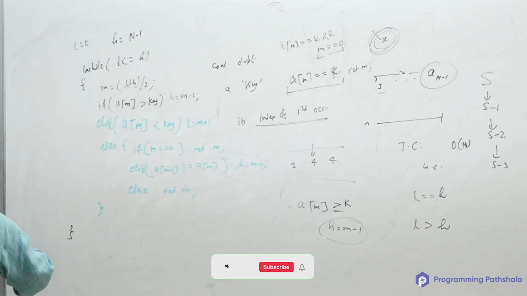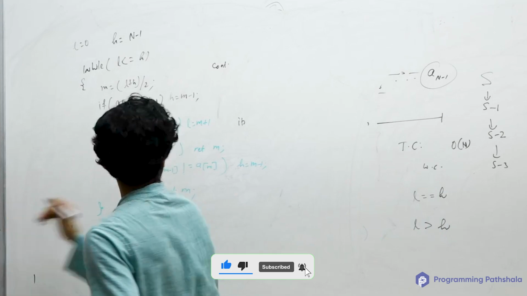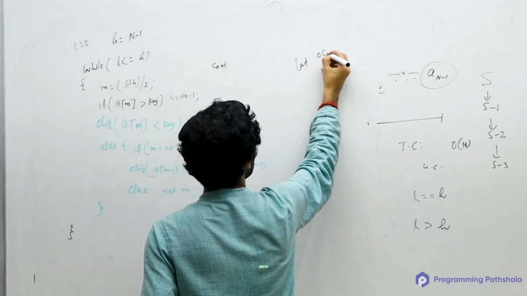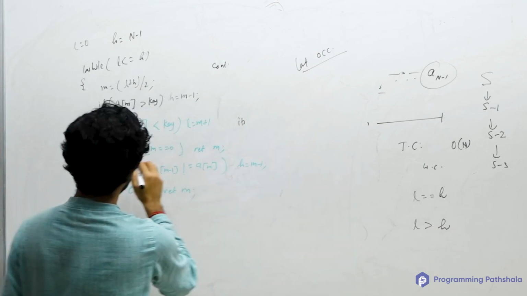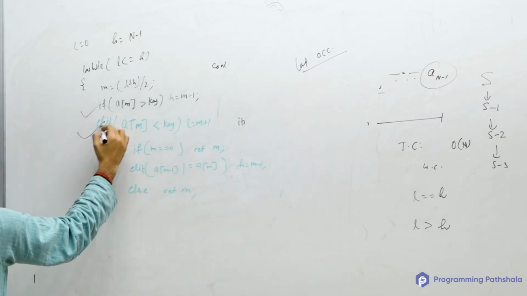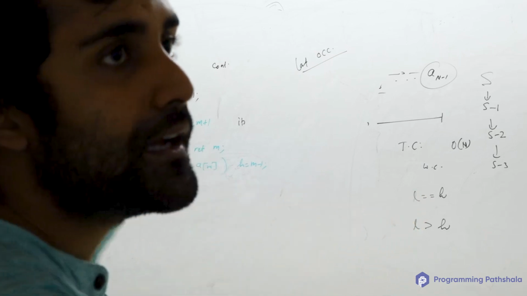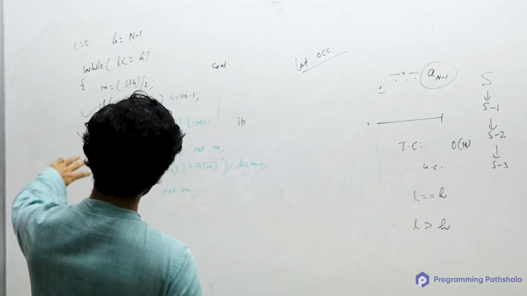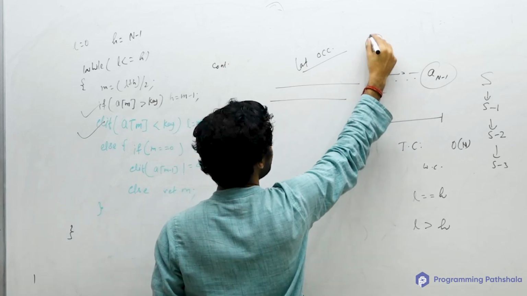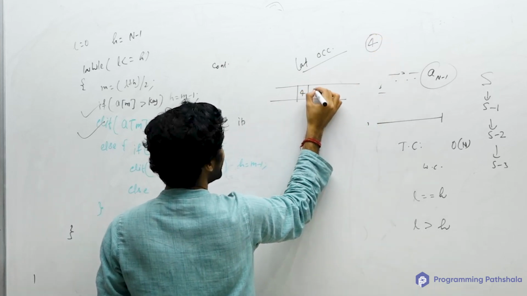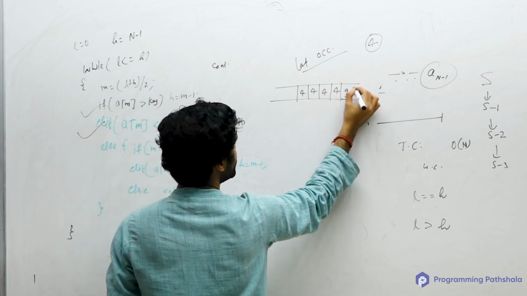Okay, can you guys write a code to detect the way I have detected first occurrence? Can you detect the last occurrence also? So if let's say you want to detect the last occurrence, will these two conditions remain the same? The first two conditions will remain the same for sure, right? The condition that will change will be for equality case. So let's say you want to search for the last occurrence of 4, and let's say you have 4, 4, 4, 4, okay, and then you had a 9 over here.